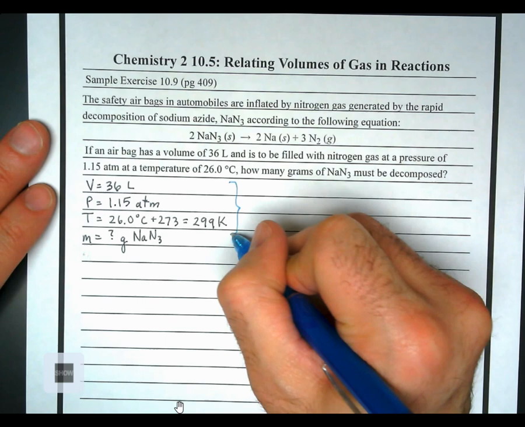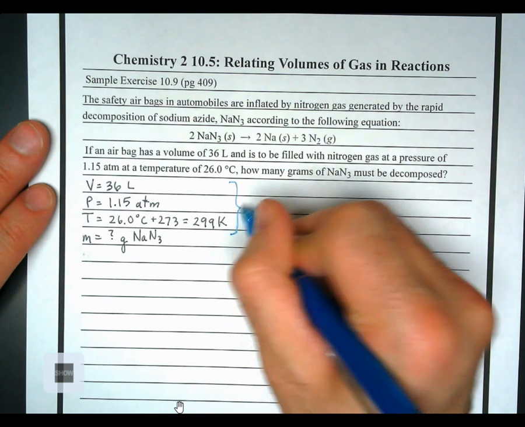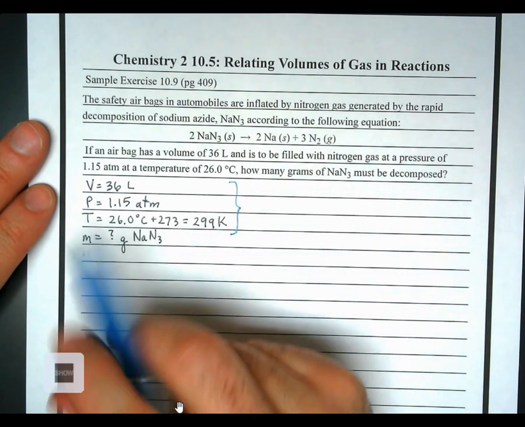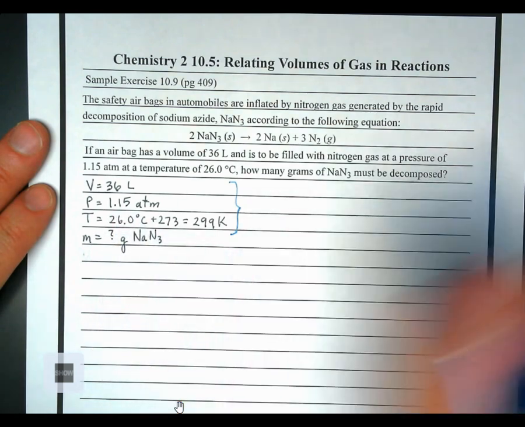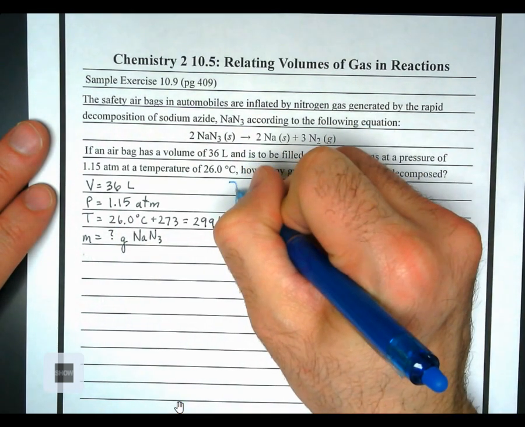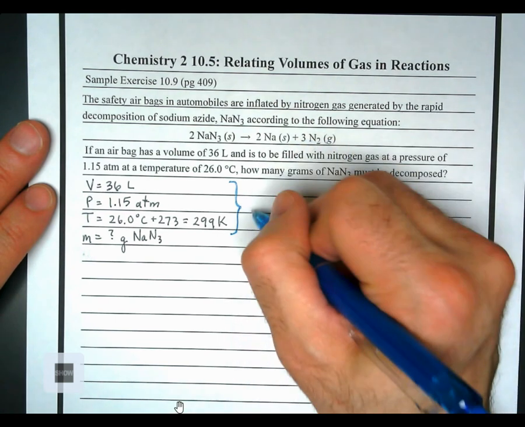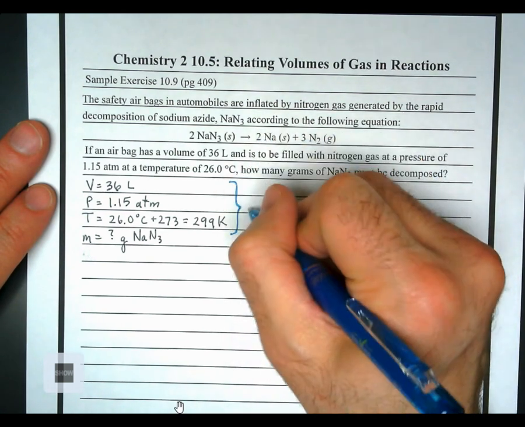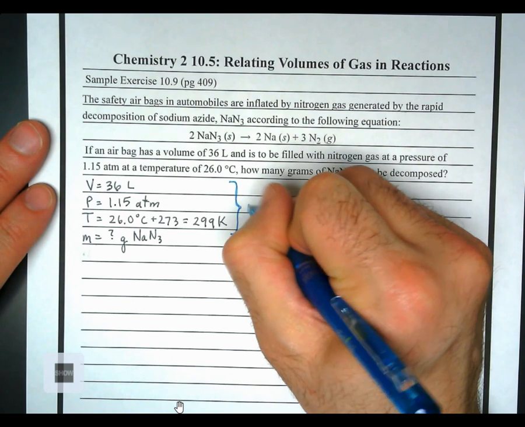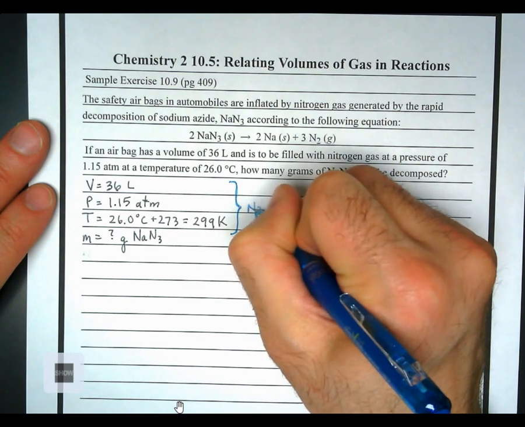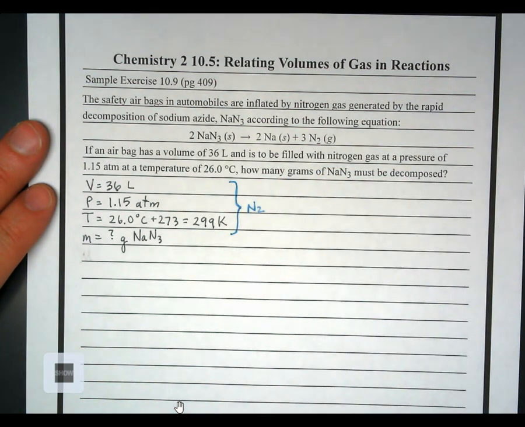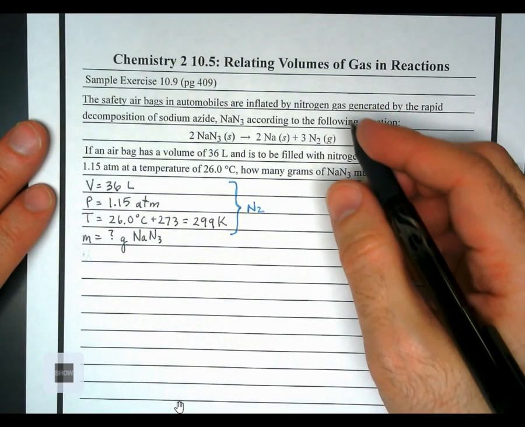What does it say in the problem? Volume for what? Nitrogen gas. Good. So nitrogen gas right here. So this is all for N2. Okay. So again, watch your labels and the stuff they're talking about.